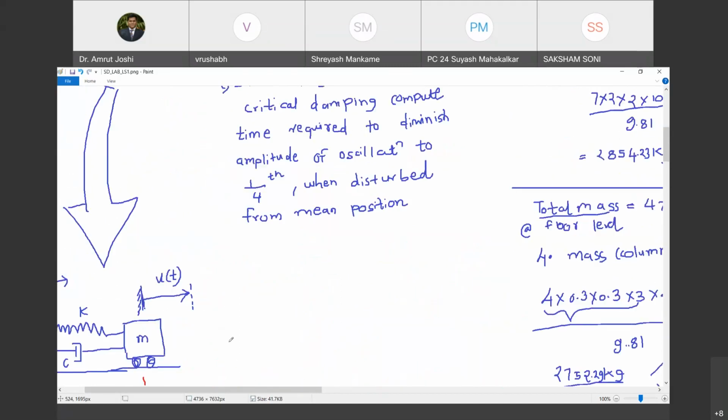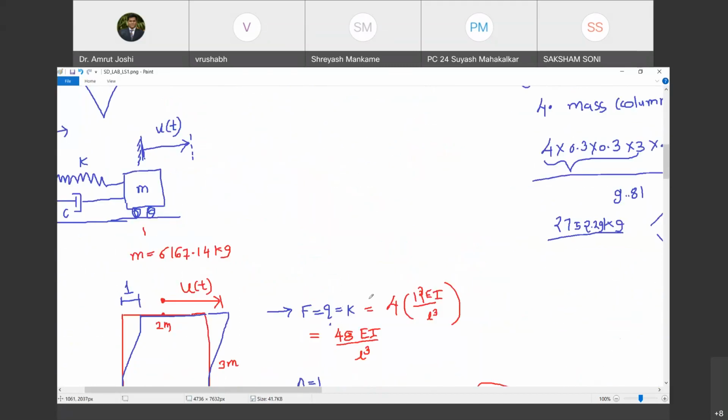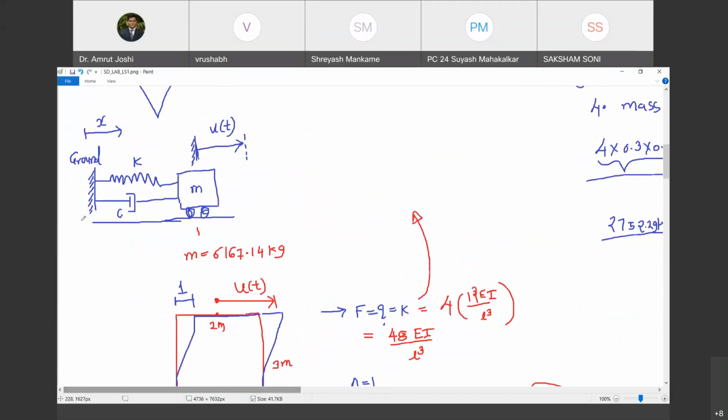So from this we get the value of K, another parameter in the definition of this system. And what is that parameter? K has turned out to be 48EI upon L cube. Do you agree with me? Happy? Type your response in chat box. I'm waiting for the response, then I will go ahead.